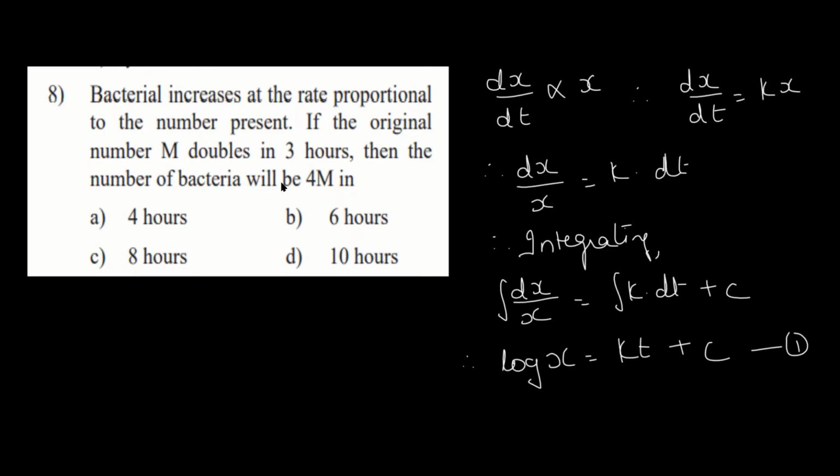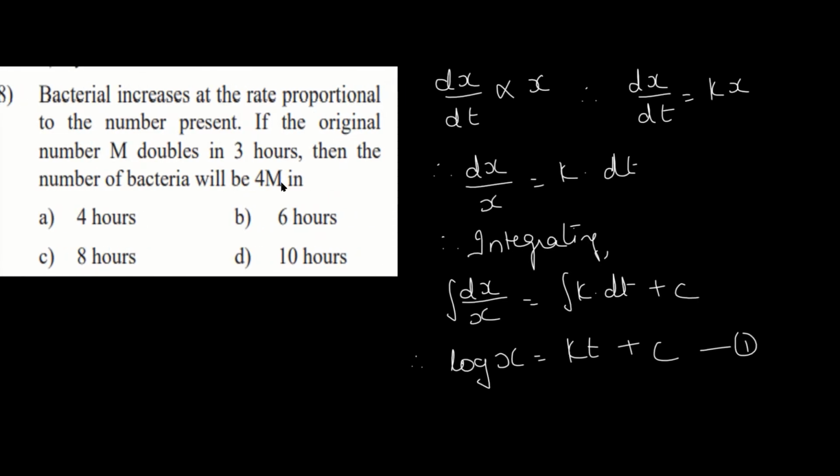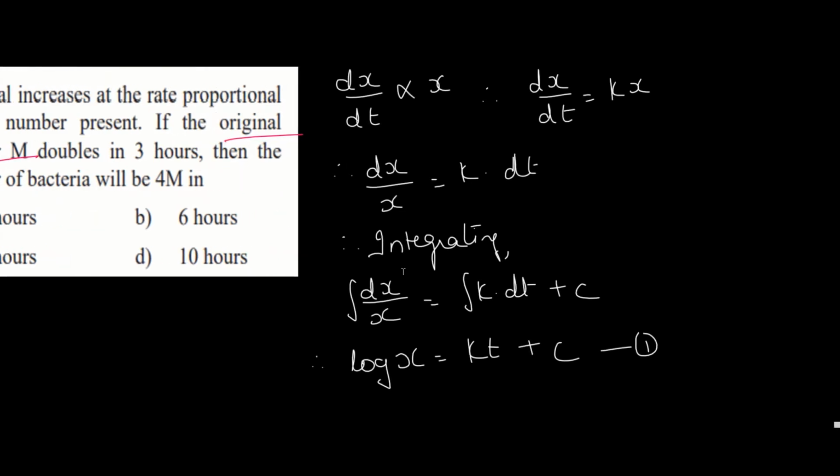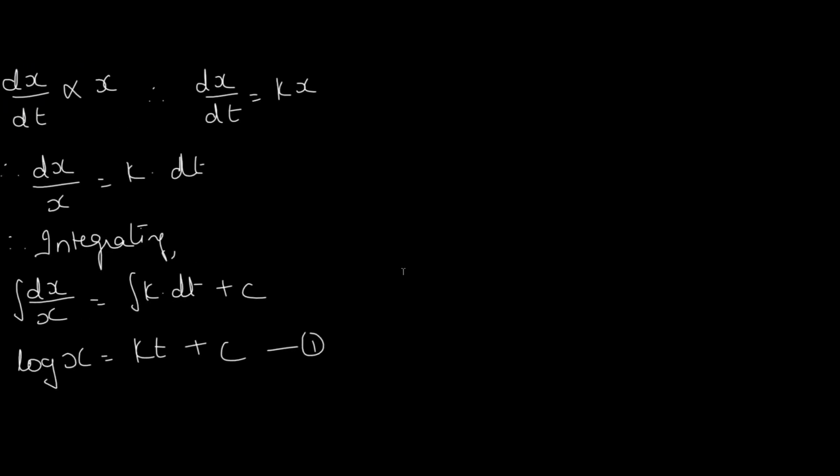Now let us take the conditions which are given. When t is 0, the original number of bacteria is given as m. So when t is 0, x is equal to m. So let us write that fact here. When t is equal to 0, x is equal to m.